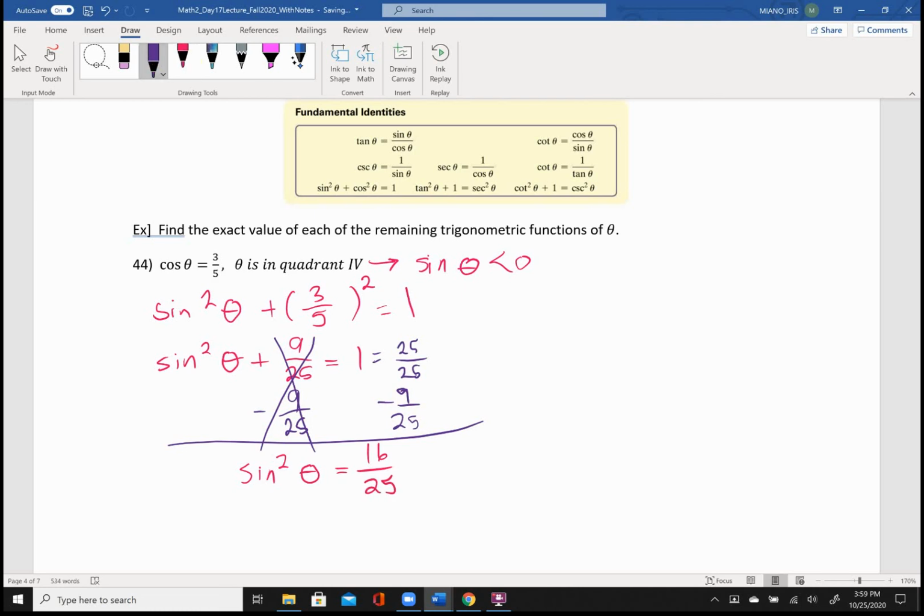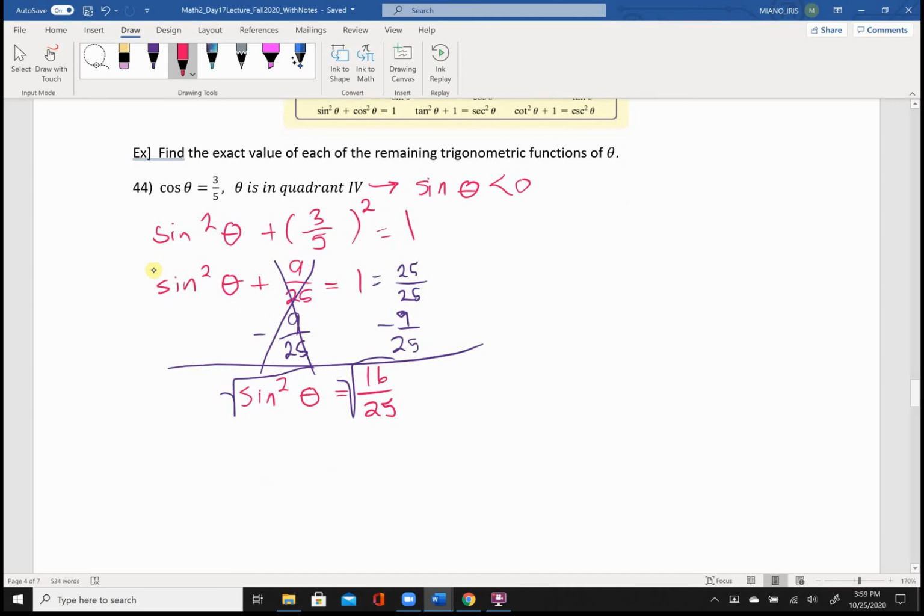We're going to take the square root of both sides, and just the principal square root, right? Or wait, no, sorry, not at all. Our sine theta needs to be negative, doesn't it? Technically, algebraically, we need to have both the plus or the minus square root, which will be sine theta equals plus or minus 4/5.